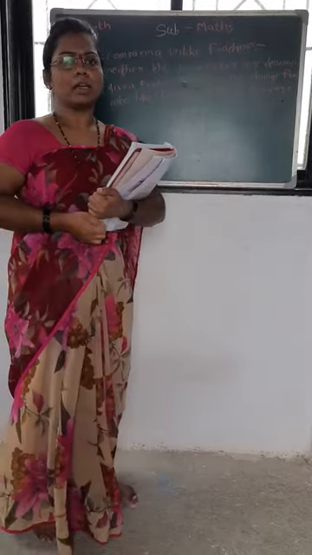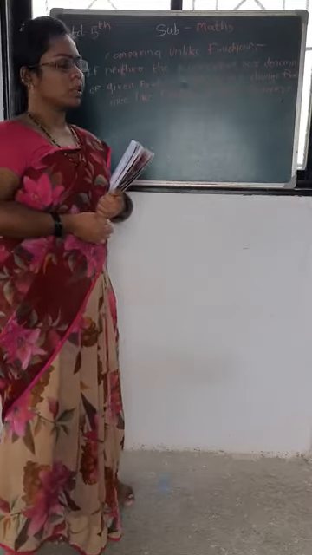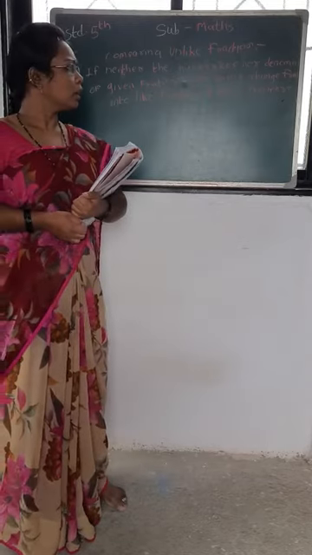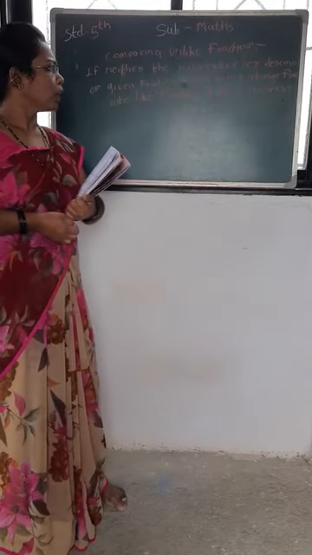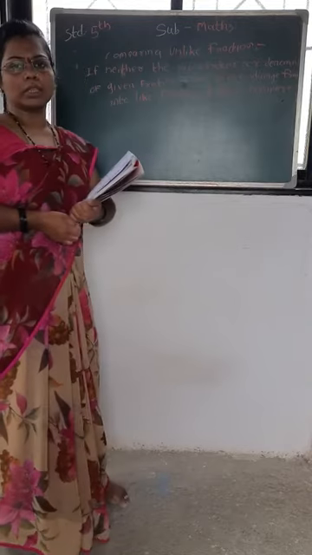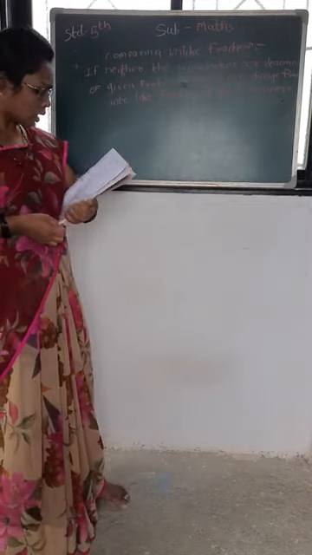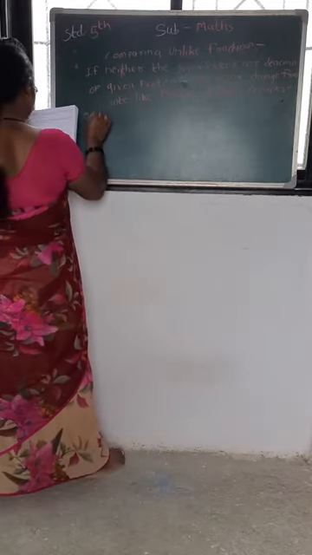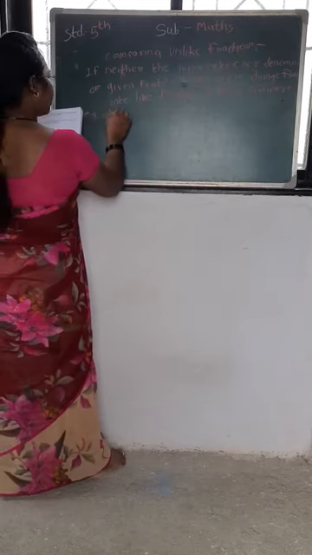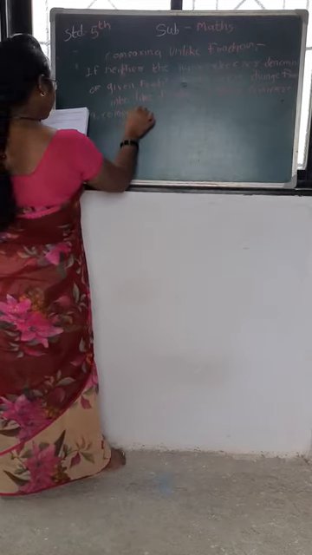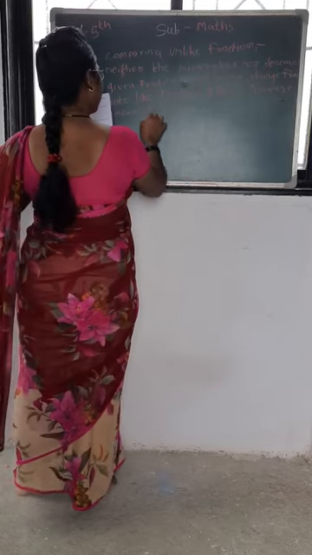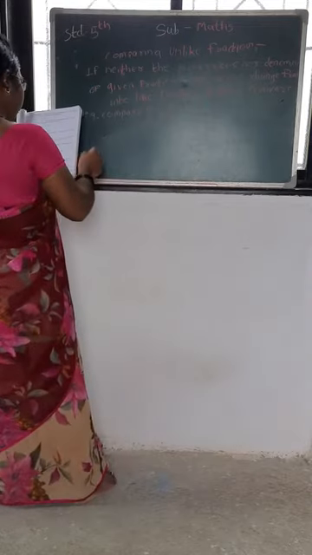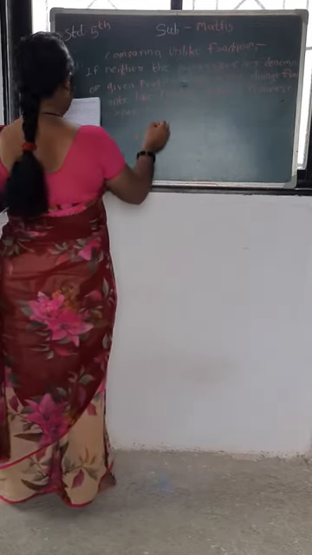If neither the numerator nor the denominator of the given fractions are same, change the fractions into like fractions and then compare. For example, compare 5 by 4 and 7 by 8.